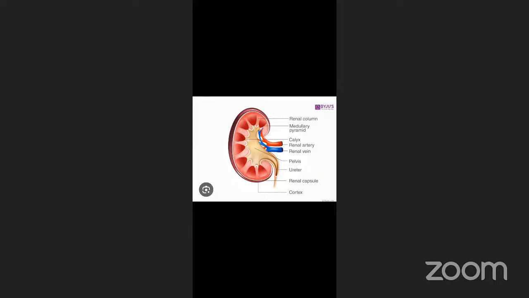Formation of urea occurs primarily in the liver. We have the urea cycle. It's also known as the ornithine cycle. It's a crucial metabolic pathway that takes place in both the mitochondria and cytoplasm of the liver. Primary purpose is to detoxify ammonia, which is produced during the breakdown of amino acids and other nitrogen containing compounds. So we have the mitochondrial phase.